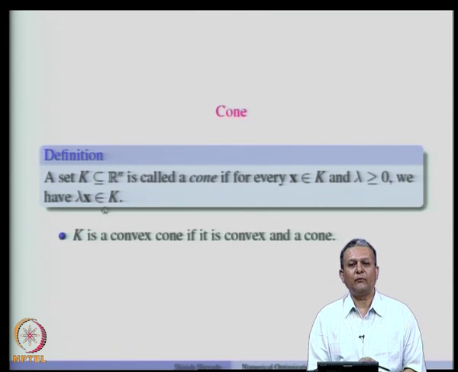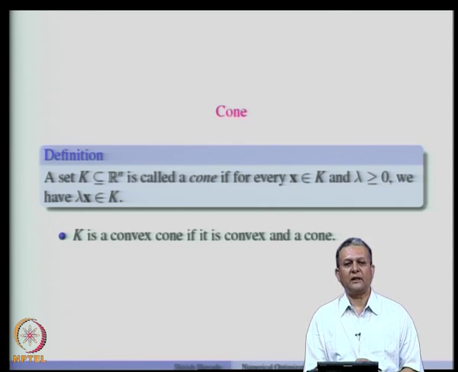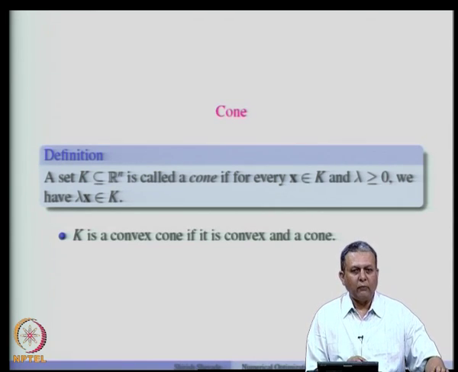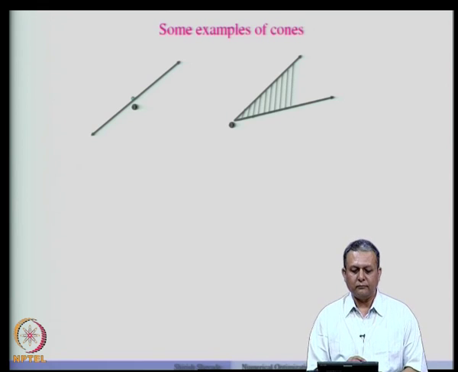So, in this course we will use the notation that the origin always belongs to the cone. Now, if we have a cone and that is a convex set, then we call that set a convex cone.